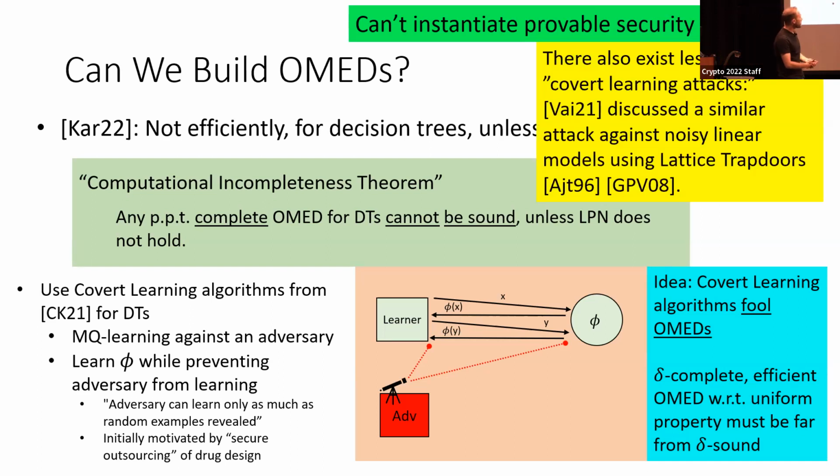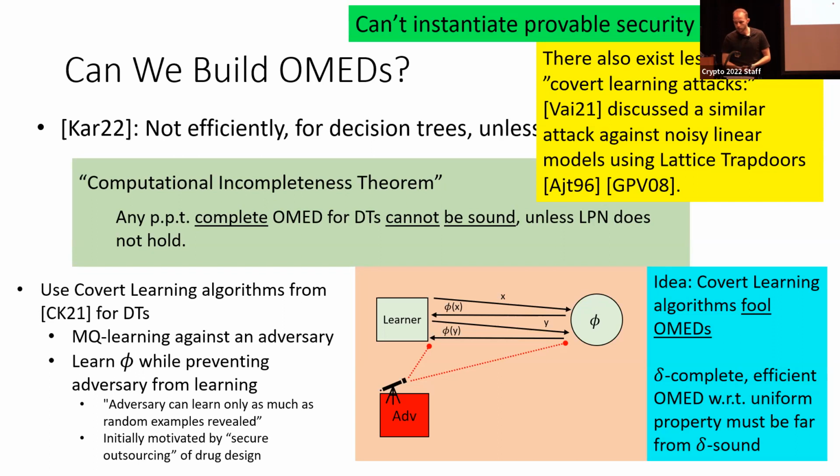And yeah, I also want to mention that in his talk last year at this workshop, Vinod kind of dreamt up this scenario, and he actually came up with an attack that I think at the time wasn't known as a covert learning attack, but it was, where the advantage there was that the attack worked against unbounded OMEDs because the query distribution was statistically indistinguishable from random.